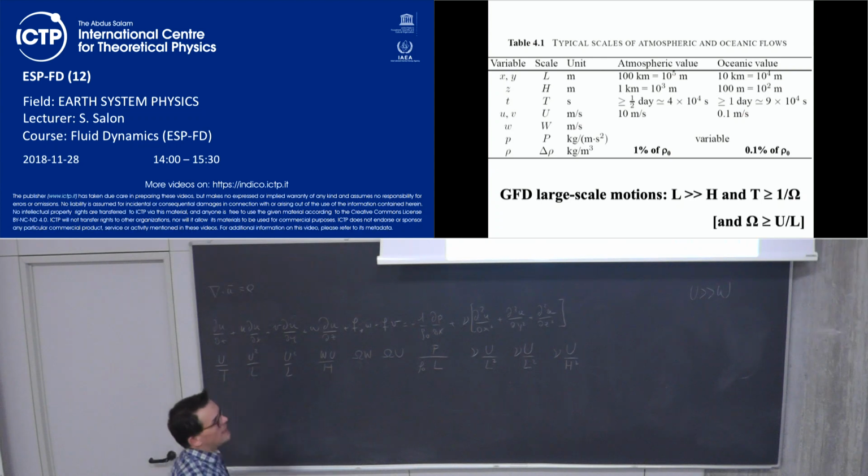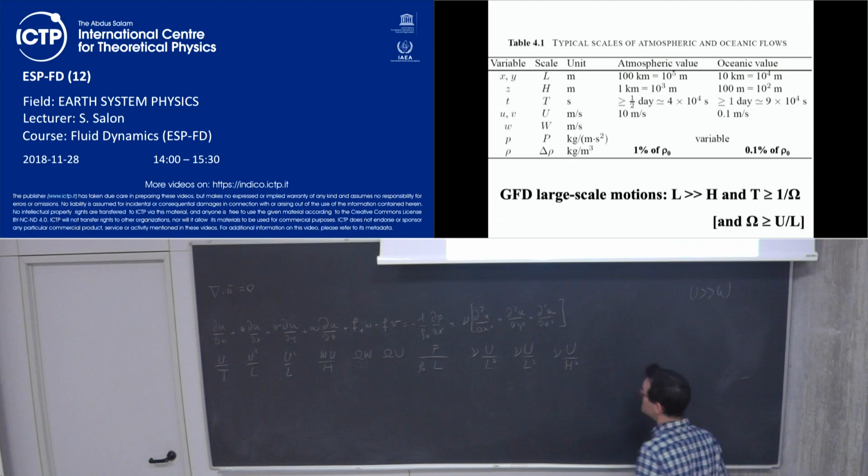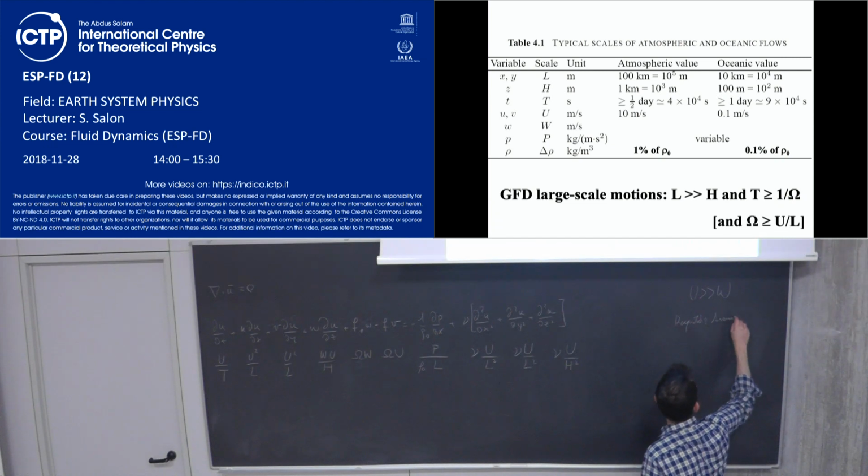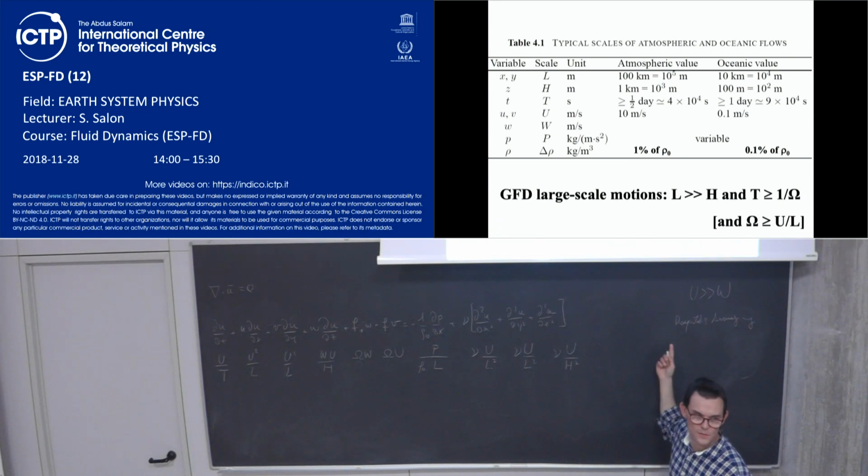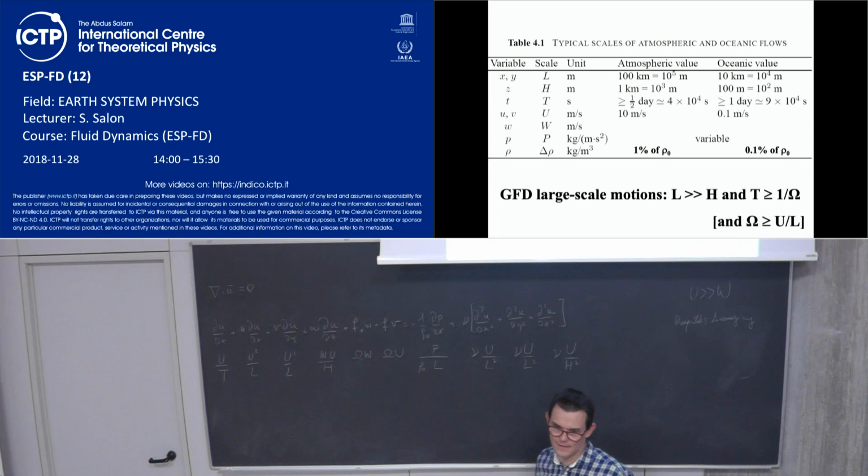Okay, so at this moment, I open a parenthesis because in the Cushman book you will find, not a chapter, but the first section of the third chapter, I think, which is related to Reynolds averaging. Does any of you know about that? Okay, you too, possibly. Reynolds averaging is nothing very difficult.